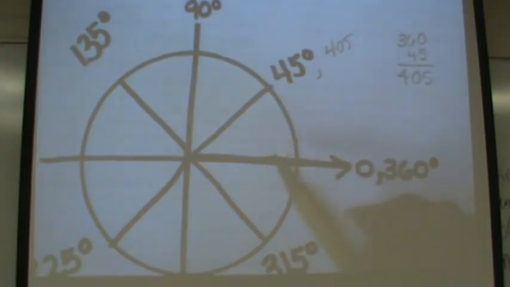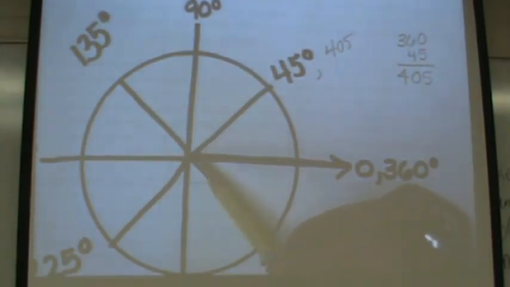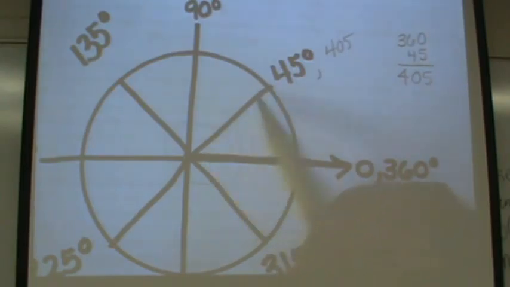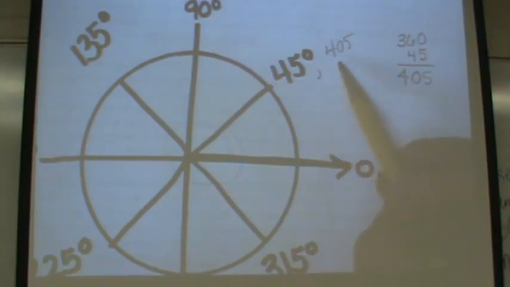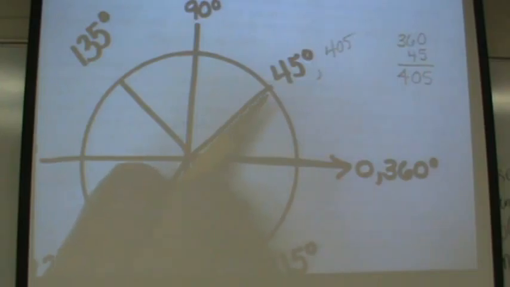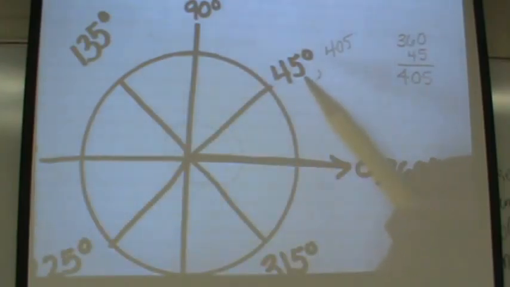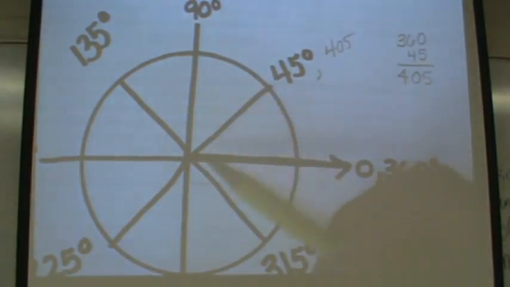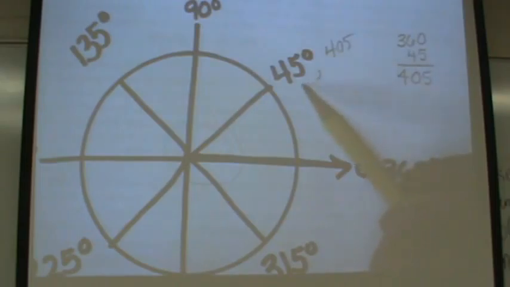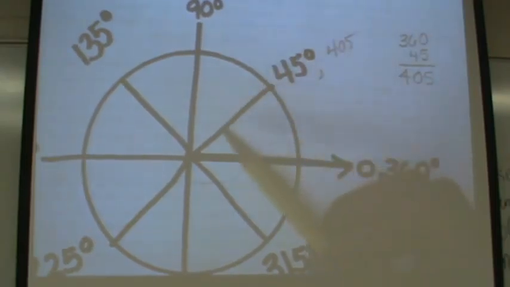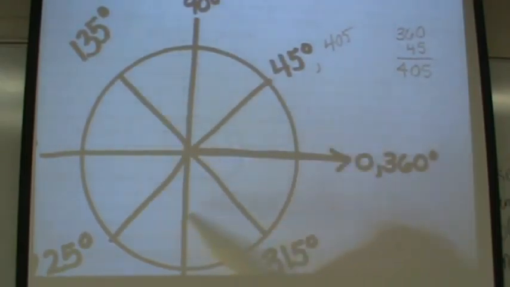If I drew an angle and went all the way around and landed right here, these two angles are coterminal. A 45 and a 405 are coterminal because their terminal sides are right on top of each other. So we say when their terminal sides land right on top of each other, they are coterminal. You can keep going around and around.